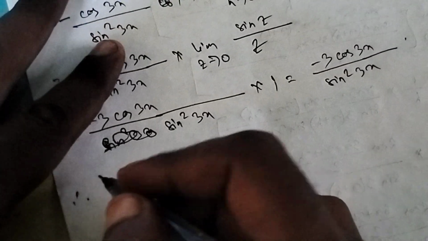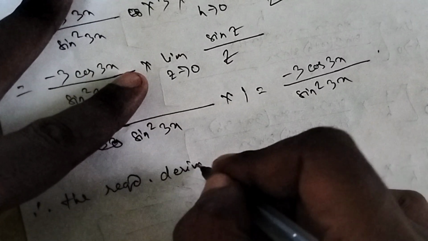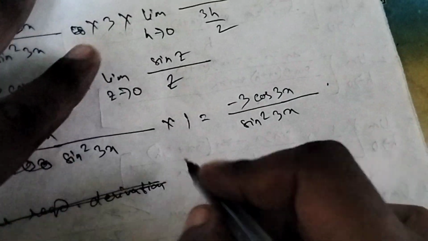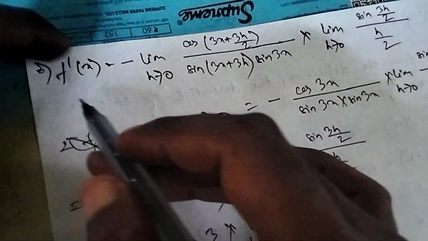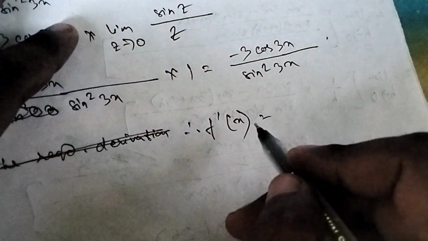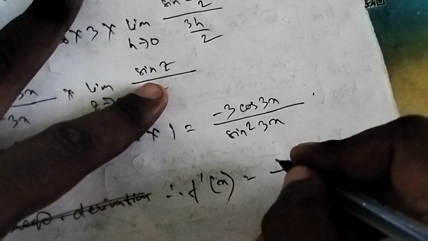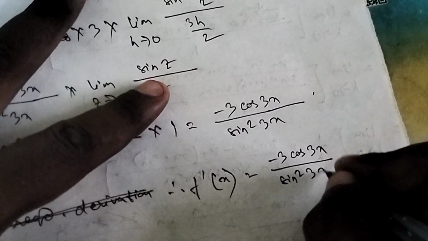So therefore the required derivative, so therefore f dash x, this we were finding the value of f dash x only. f dash x will be minus 3 cos 3x by sine square 3x.